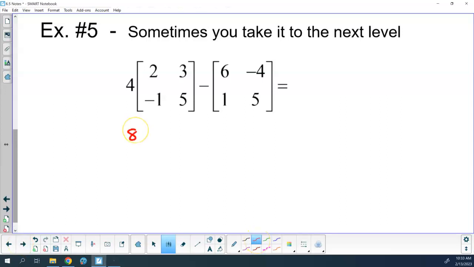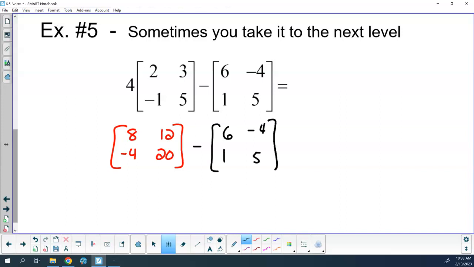So that would be 8, 12, -4, 20. 8 minus 6 is 2. 12 minus -4 is 16. -4 minus 1 is -5. 20 minus 5 is 50.